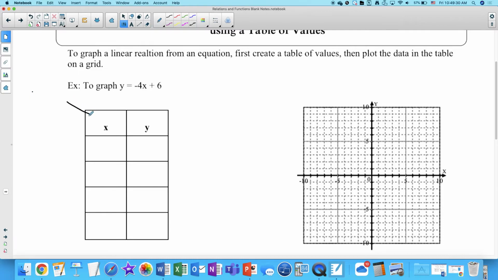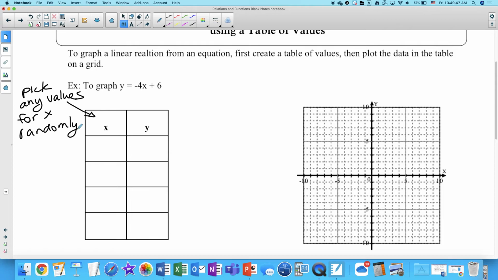But actually, there is a bit of a caveat there. So what do I mean by pick any? So, well, you could put 2, 6, 0, 1,000,000, pi, negative 1,000.